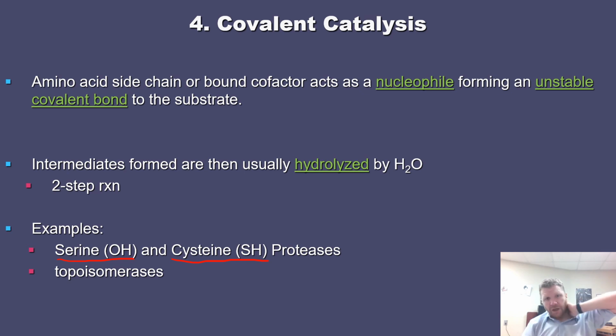And these 2 classes include a serine or a cysteine within the active site. But if you think about other amino acids that are similar to these, we've got threonine and tyrosine. So those are also groups that could be involved in covalent catalysis by acting as a nucleophile.